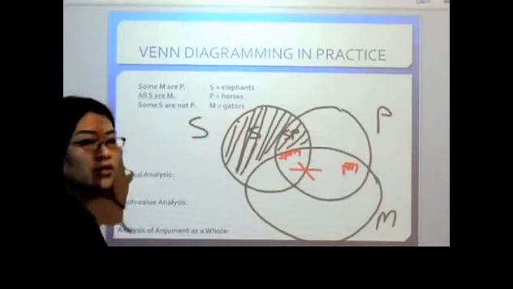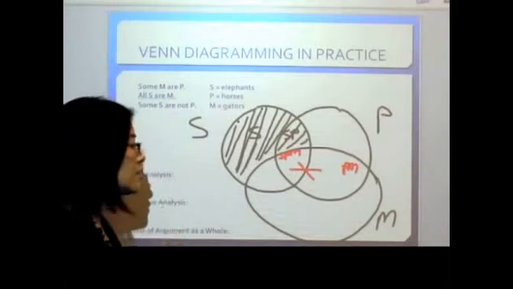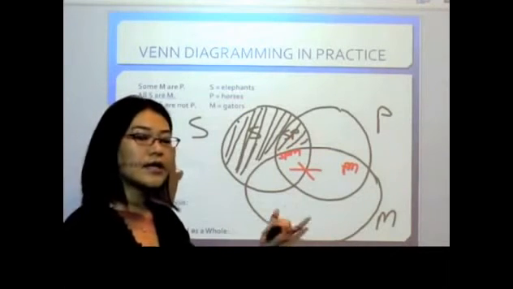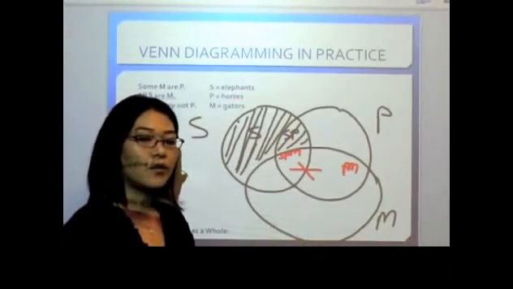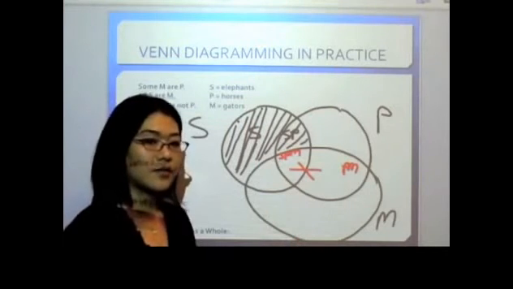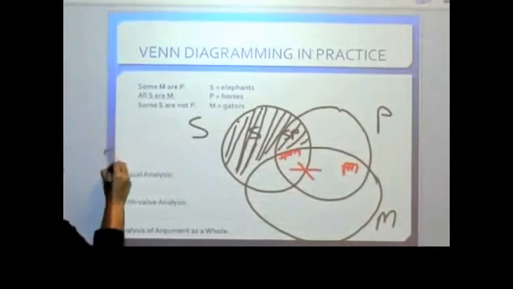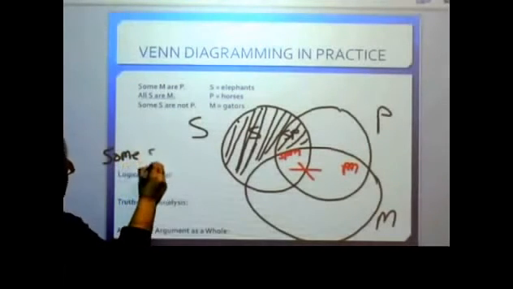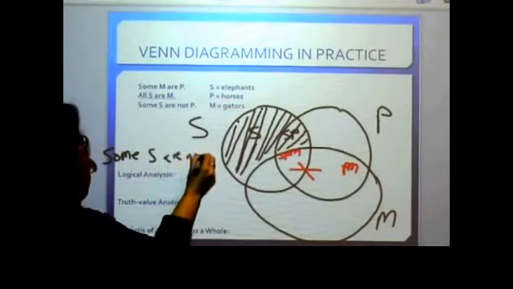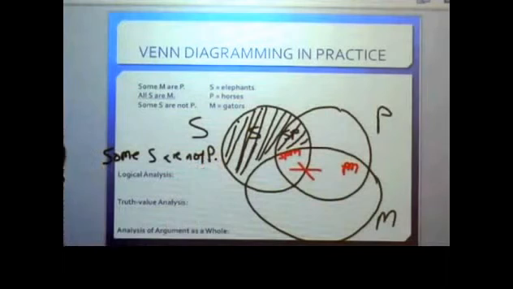And to do so, we want to look at the conclusion and see if the conclusion is actually contained in the diagram that we have after diagramming the premises. So the conclusion is some S are not P, okay?